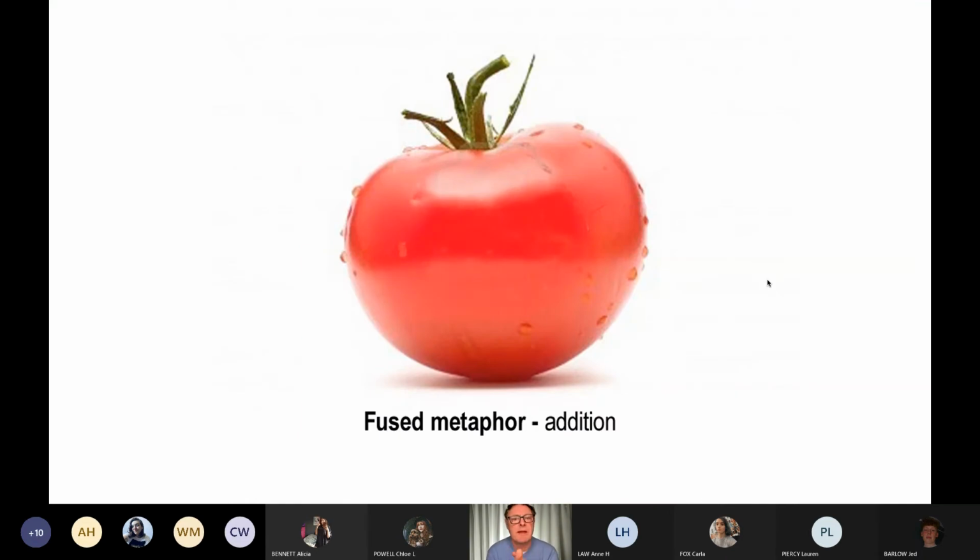Similarly, we take this tomato, and we want to create a campaign that makes a statement against the overuse of cosmetic surgery for improvement. The tomato becomes the perfect form, like a perfect tomato.